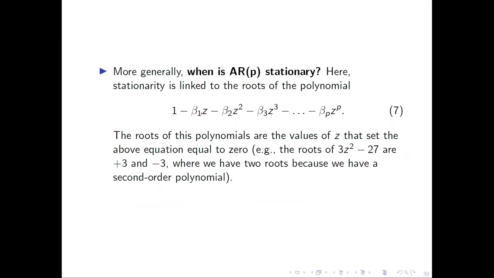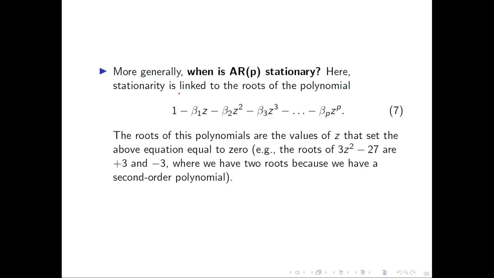In the random walk model, we saw that if the beta coefficient on the lag variable is below 1 in magnitude, which is between but not including -1 and 1, then the process is stationary.